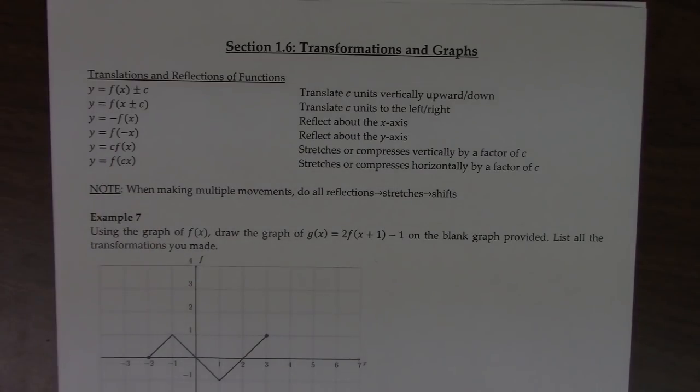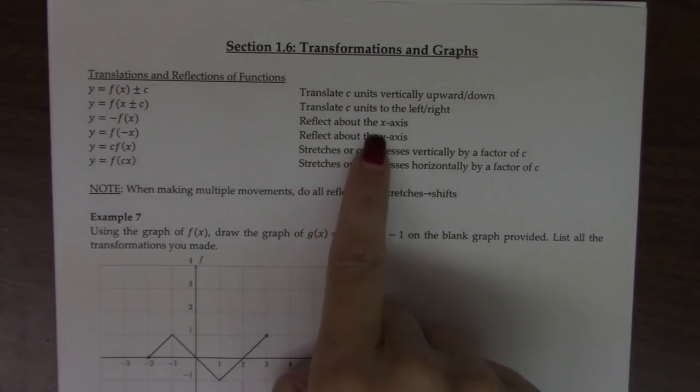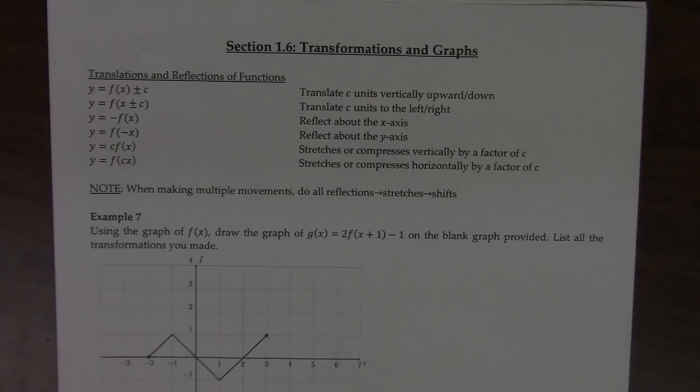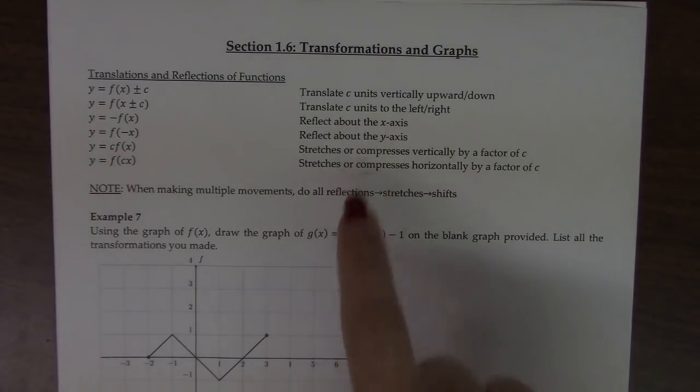Negative 1 on the outside is taking every positive y value and making it negative, and taking every negative y value and making it positive. So it makes sense that visually it reflects the graph over the x-axis. On the inside, you're negating all the x values before you evaluate the function, and that has the effect of reflecting it over the y-axis.